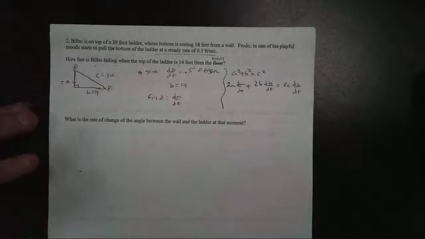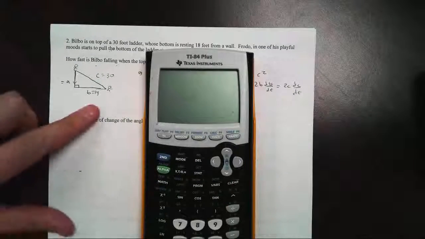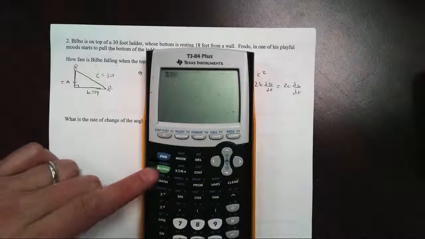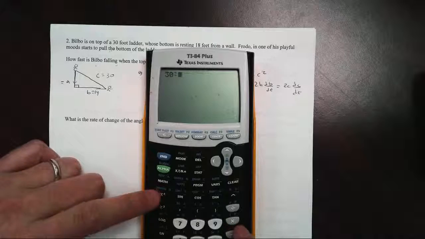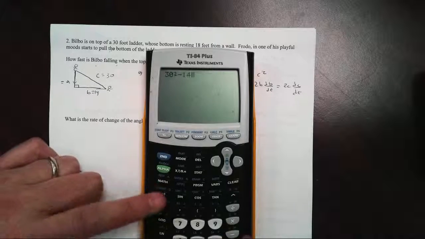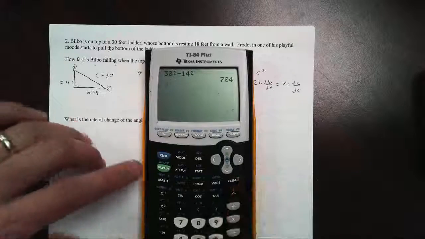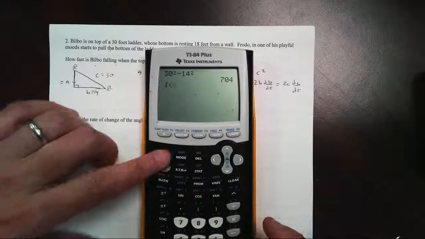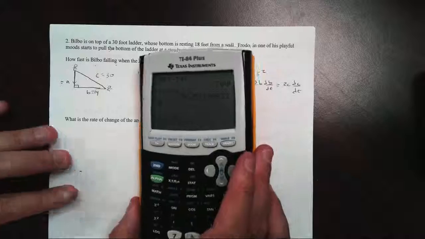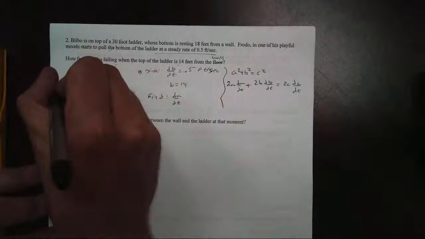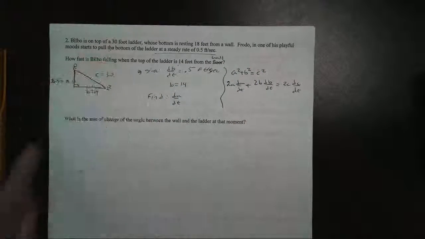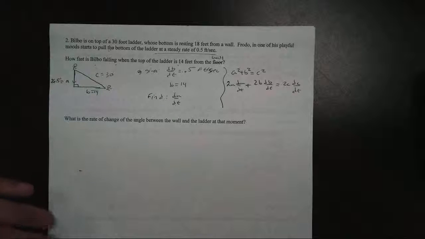I don't have a. So to get a, that's just the Pythagorean theorem. I might use my calculator here. It's going to be 30 squared minus 14 squared, and it gives me the square root of 704. Wow. Okay, so if I simplify that, I'll use my calculator on this one. I get 26.5. So about 26.5 feet.